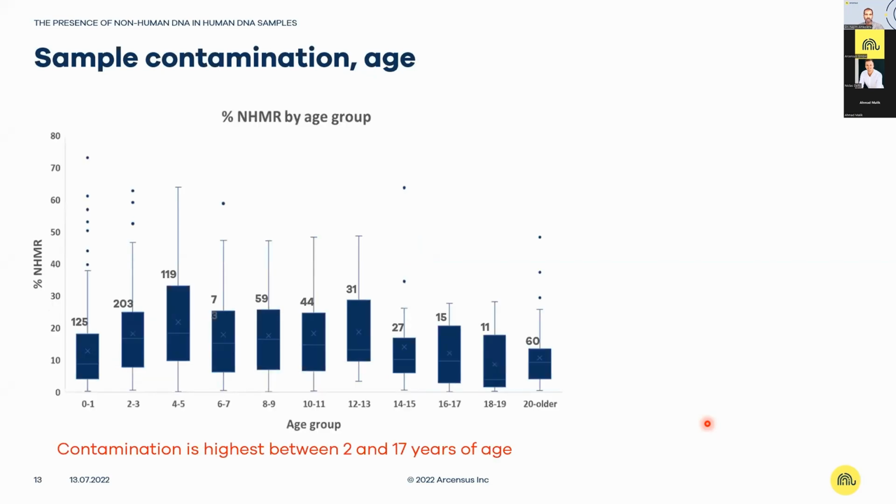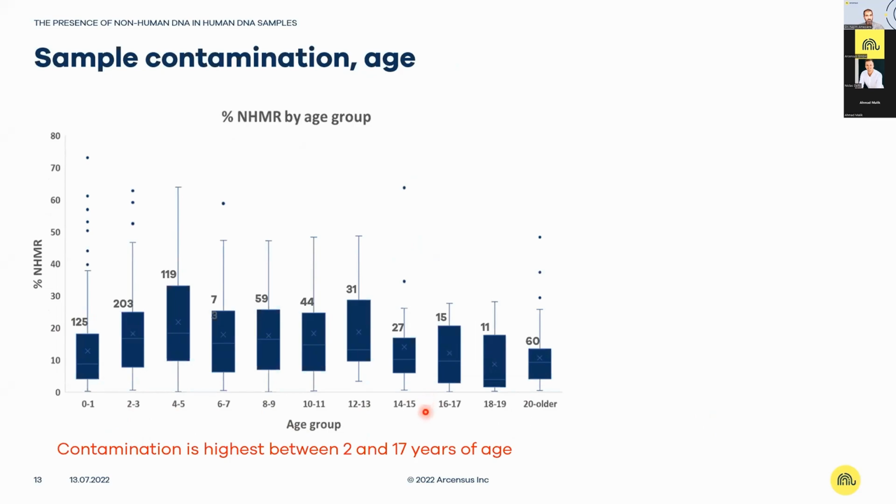And then if we look at the age, we try to do this as granular as possible. So you see on the x-axis are the age groups. The first bar shows the age group between 0 to 1 year, and then from 2 to 3 years, from 4 to 5 years, and so on and so forth, until we set the last group from 20 years and older.